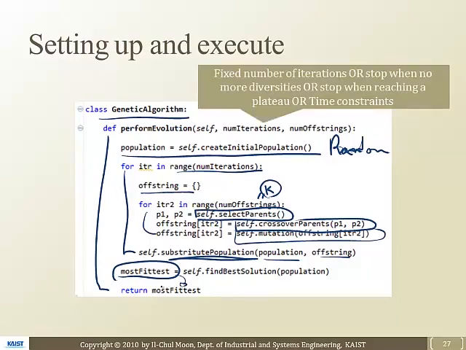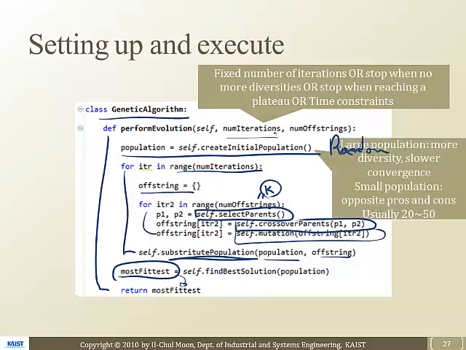So fix the number of iterations, or stop when there is no more diversity, or stop when reaching a plateau, or stop with time. You have diverse options for the number of iterations. You want to have a large population for more diversity and slow convergence; a small population means less diversity and faster convergence.